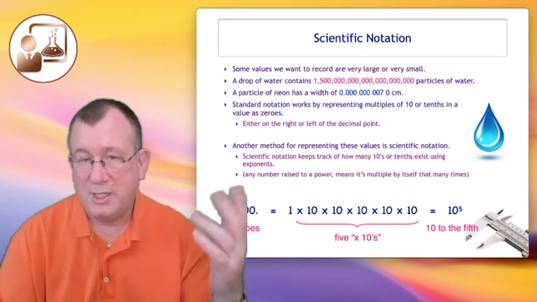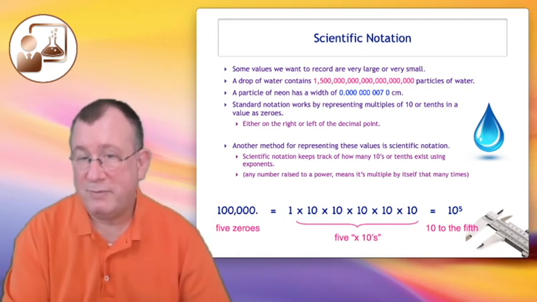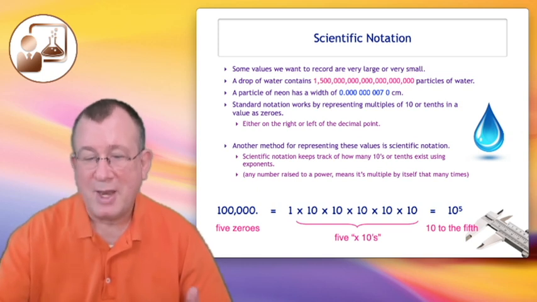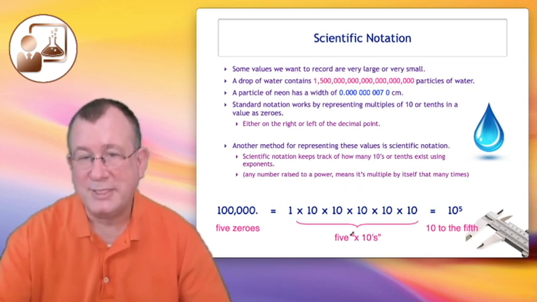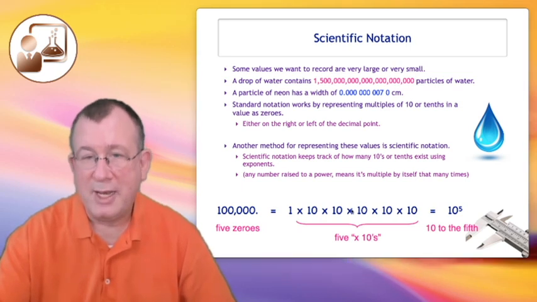So if I've got 100,000, that is equal to 1 times 10, 5 times. So if I factor out those tens and raise it to a power of 5, I can describe that number more concisely as 1 times 10 to the 5th.